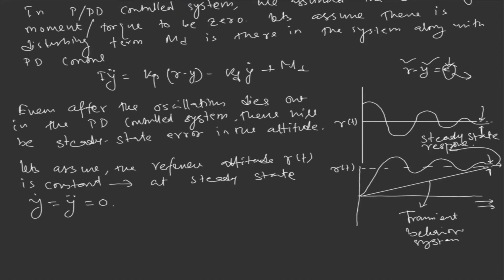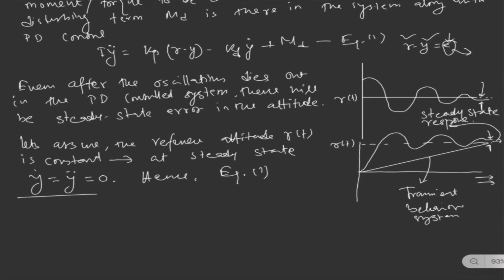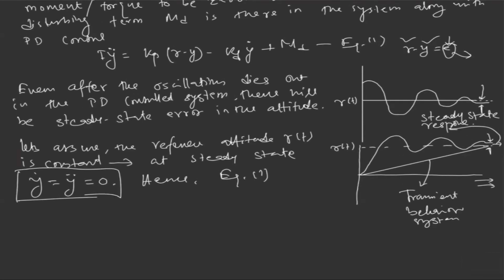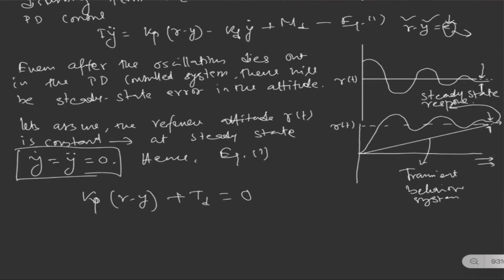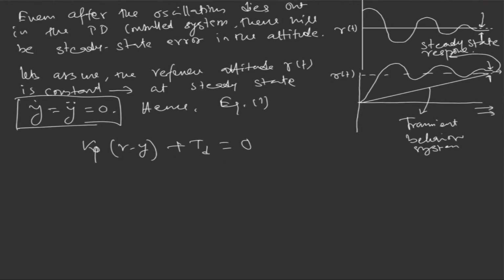So based on this condition, let me write this as equation number 1. Equation number 1, we can rewrite at this condition as R minus Y plus TD equal to 0, or Kp E plus TD equal to 0, or E equal to minus TD by Kp.